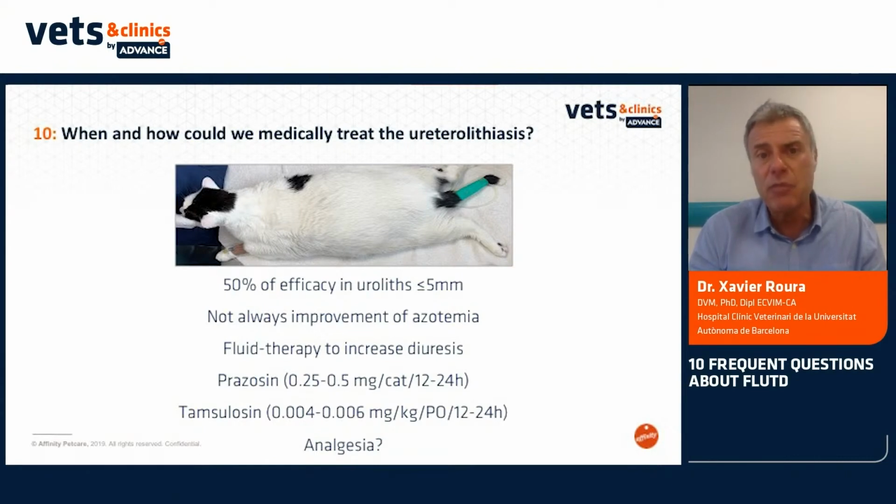This treatment is successful sometimes, and we don't have enough evidence that it is the best treatment. But at this time, it's very interesting to use medical treatment as soon as possible in order to prevent obstruction and to resolve this urolithiasis.